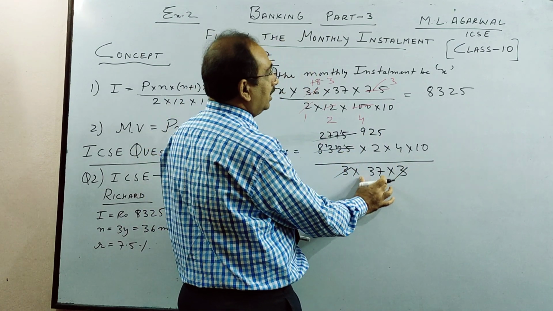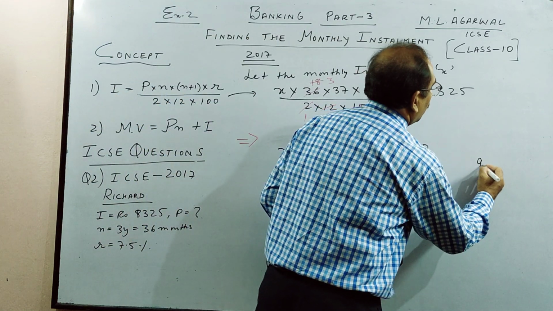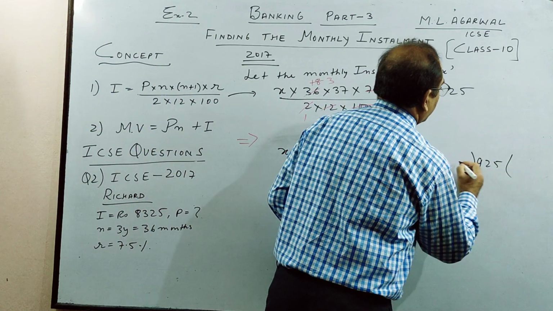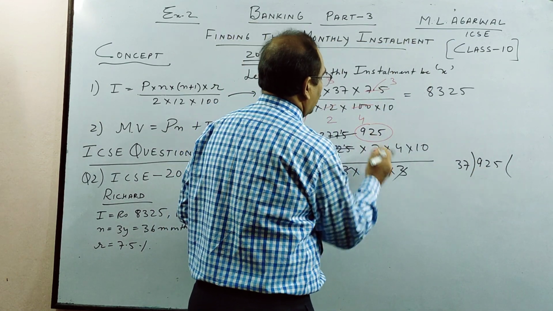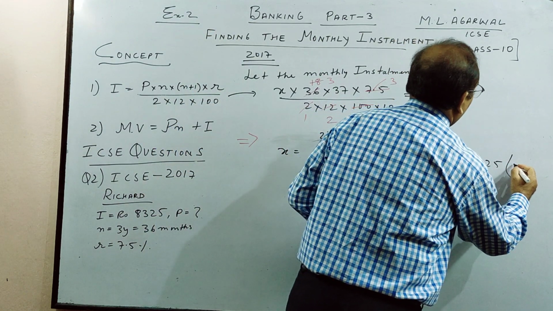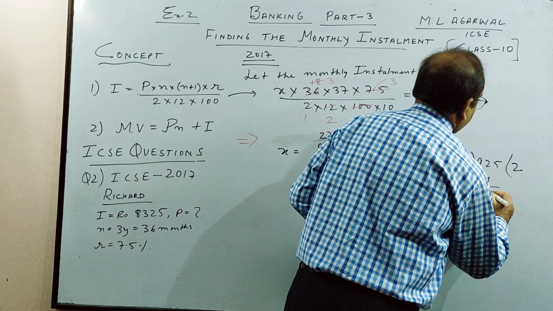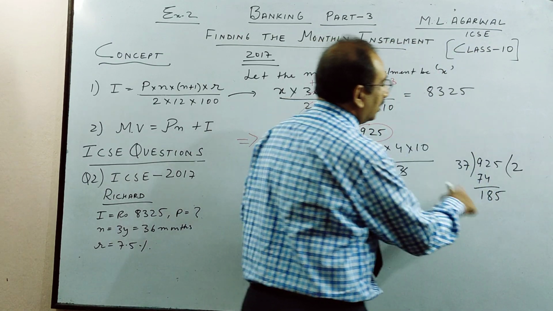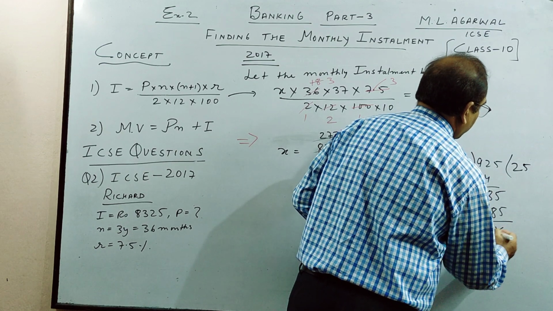Only 37 is left, and generally you will see the monthly installment will be a whole number. So what you do, 925, you divide with 37. So this I am trying to divide with 37. 2 37s are 74. You get 18, and 5 comes down. 5 37s are 185.